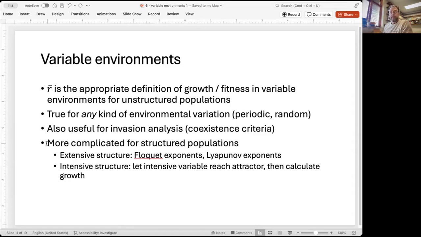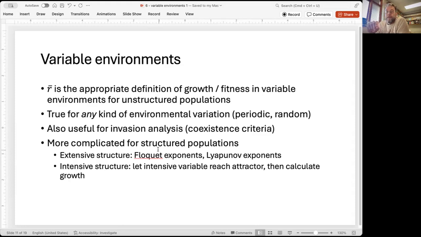If you have an extensive structure like juveniles and adults, where it's all the number of individuals in particular classes, then the appropriate definitions of growth or fitness are either Floquet exponents in periodic cases or Lyapunov exponents in general. If you have intensive structure, remember, intensive structure is something like the nutrient quota that we looked at last week, and that's in this week's paper. If you have a nutrient quota, then it's a little bit different.